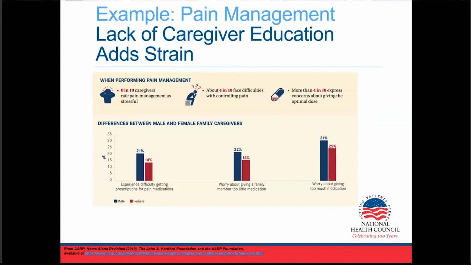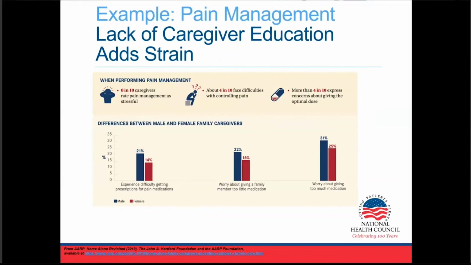About 4 in 10 had difficulties in really controlling the pain, and more than 4 in 10 had concerns that they were giving the right dose. You can see below the breakdown between men and women, men in blue and women in red. They're not only having challenges getting access as the caregiver, but they're worried about how much they're giving a family member. Is it too much or too little?